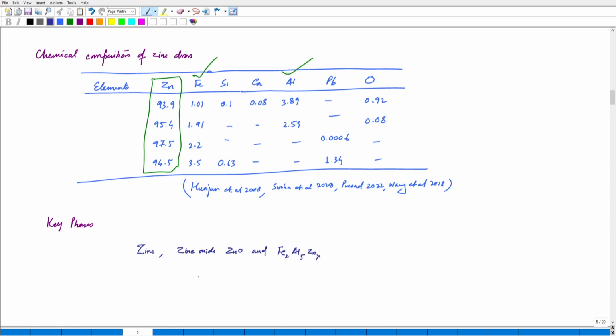So these phases can be present, and of course that's an example of the phases that can be present, but essentially speaking, we can have zinc and zinc oxide as the major phases that are present, and if we have silicon, we can have silica as well.